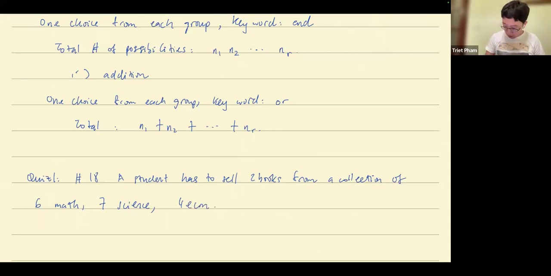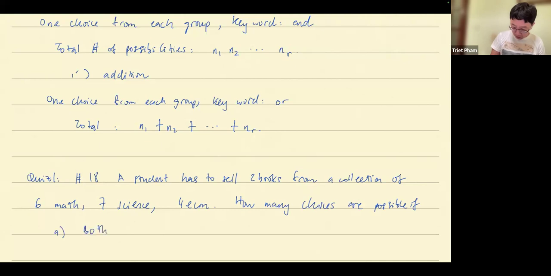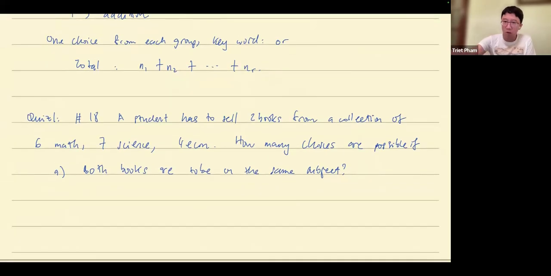How many choices are possible if, A, both books are to be on the same subject? Okay. So again, let's take 1 minute, see what answer you come up with, and then we're going to discuss.